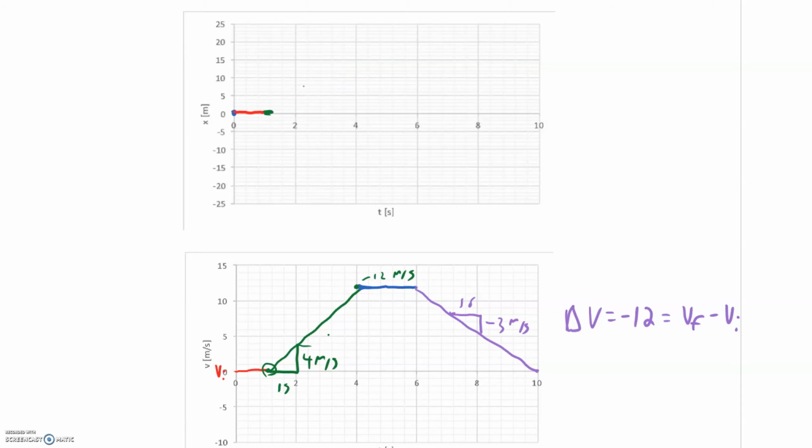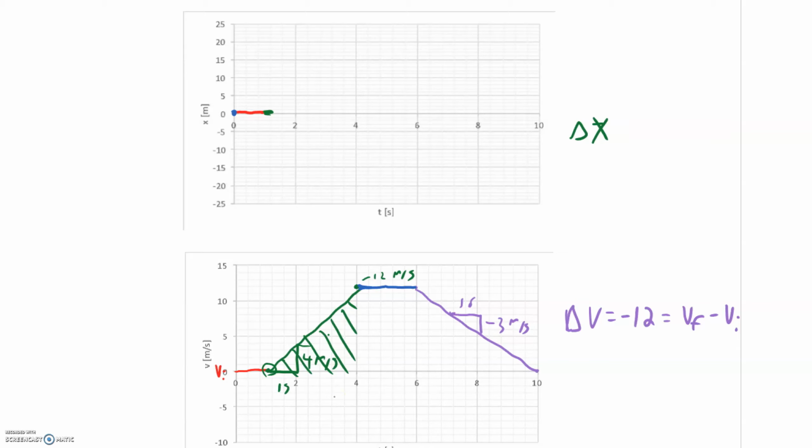But it's also helpful for me to calculate some actual values. The area under this green part of the graph is a triangle, and the area under that is going to be equal to my total change in position from 1 second to 4 seconds.